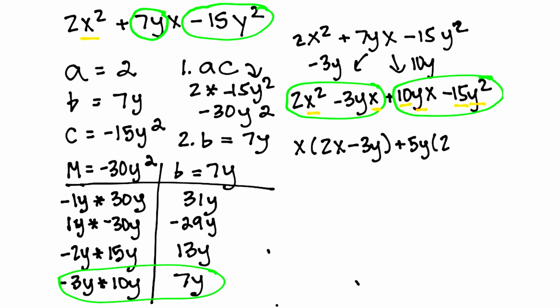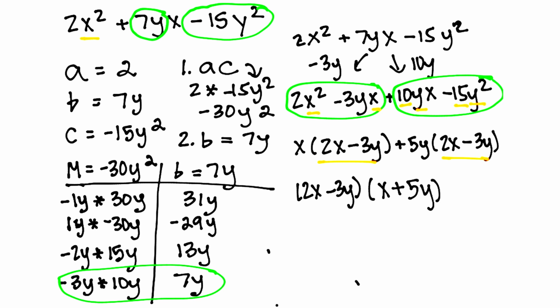We'll say 5y times 2x minus 3y. Now we can see that we have 2x minus 3y inside the parentheses. So we can pull that out, and then we're left with x plus 5y. And that is the final answer.